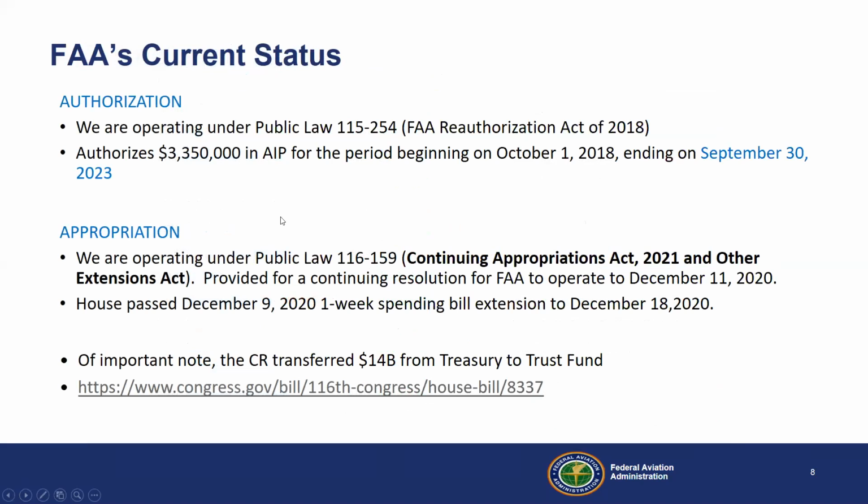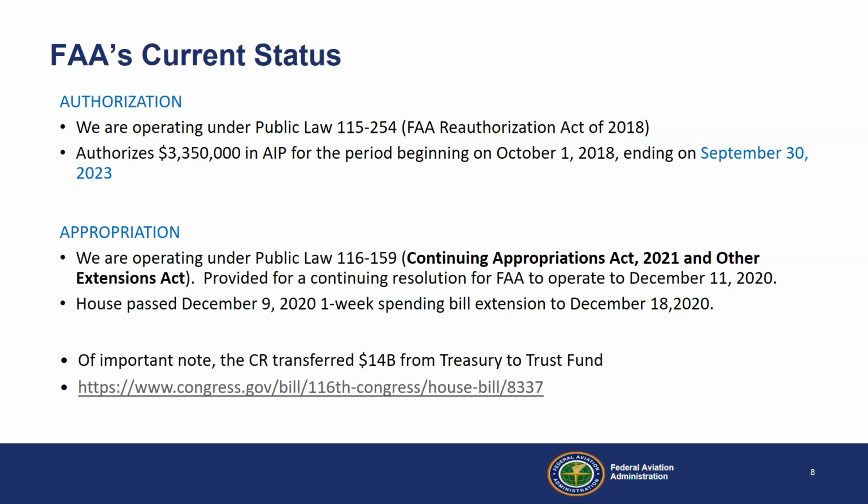Here's just some of the information regarding our authorization and our appropriation. We are currently operating under the authorization, which I talked about, that was enacted in 2018, that provided for us to be authorized up to $3.35 billion.